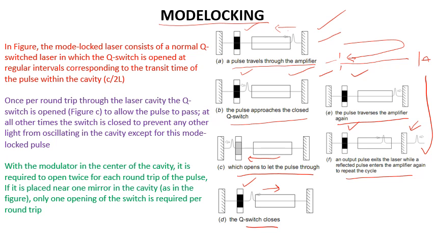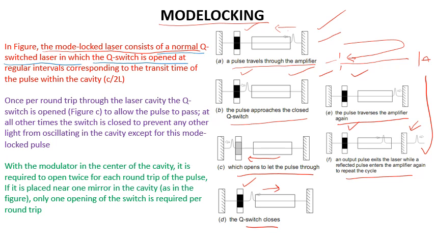Okay, but we don't exactly understand what is going on, so some of the points are mentioned in this figure. The mode locked laser consists of a normal Q switch laser. Yes, of course we use a Q switch.